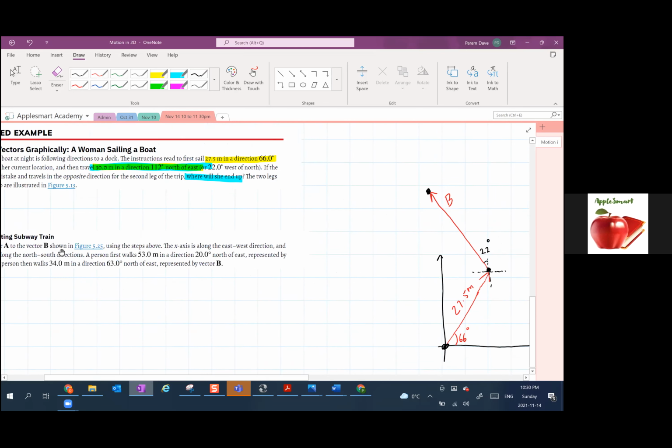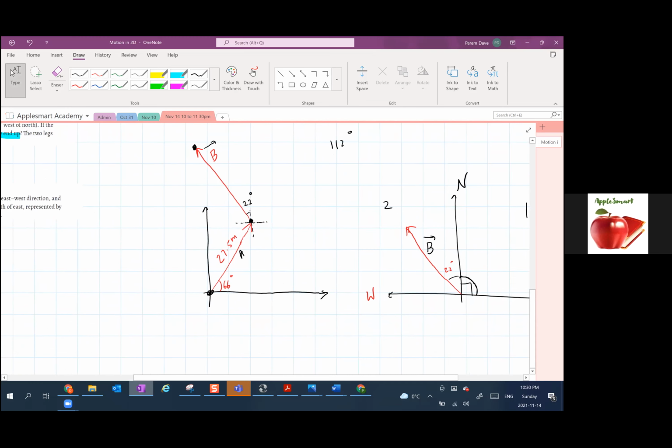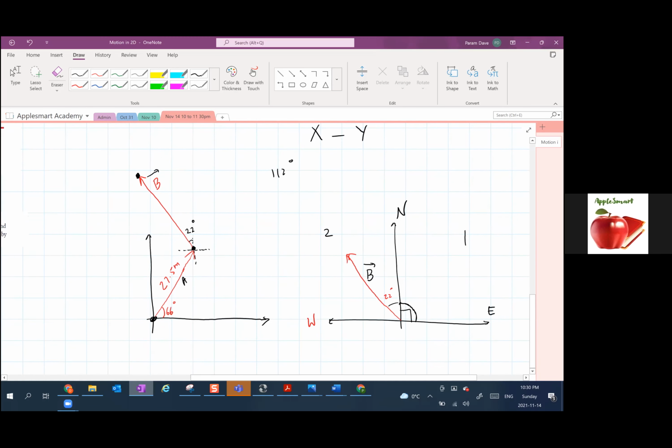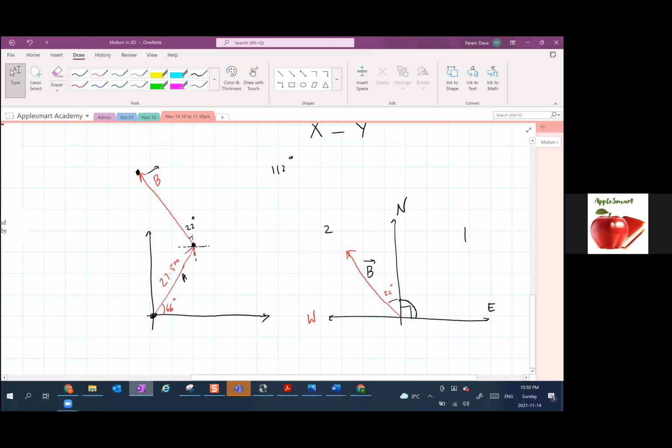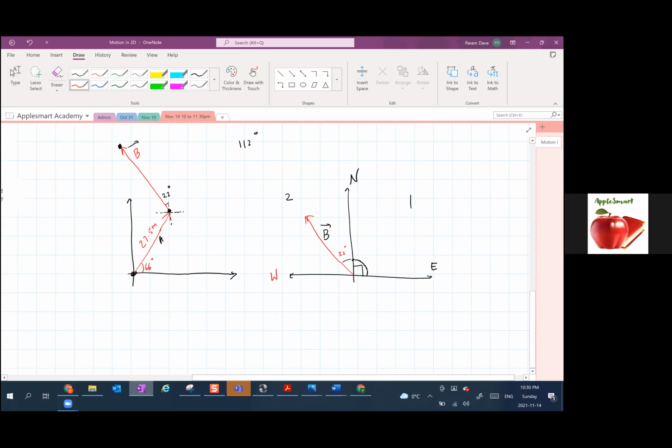So the first leg over here is A. She does that properly, but the second leg, the vector B, she makes a mistake and ends up going in the exact opposite direction. And so the opposite of B is the negative of B. So I draw exactly opposite in that direction. Of course, it's got to be the same length, but in the opposite direction, right?